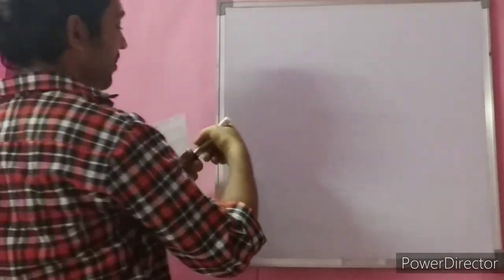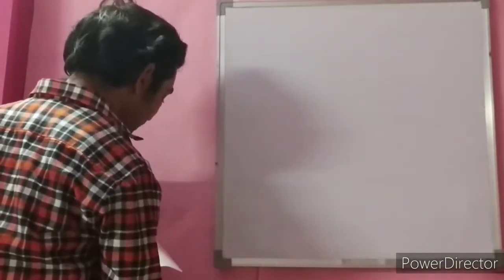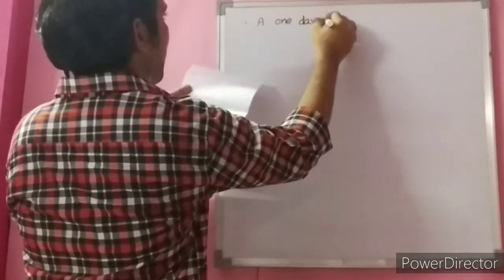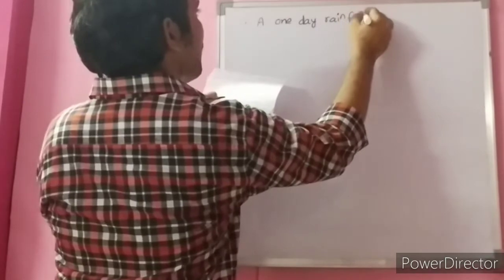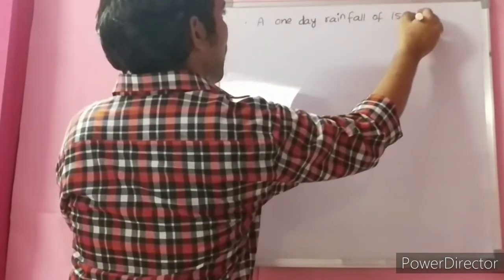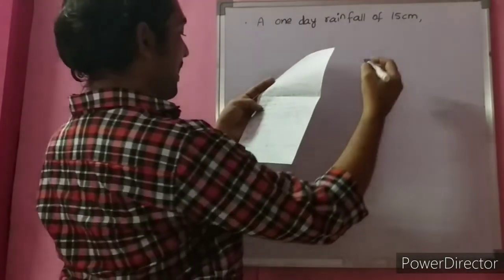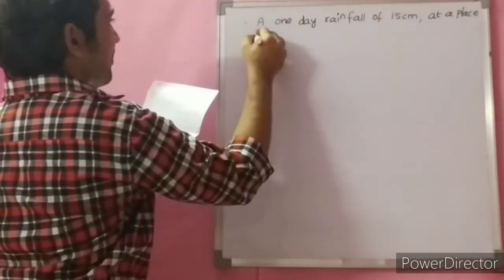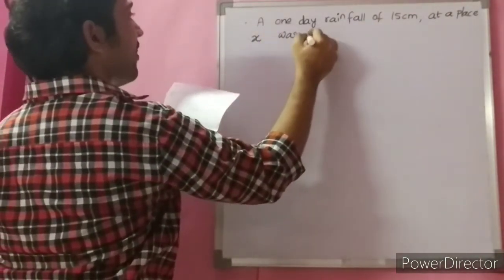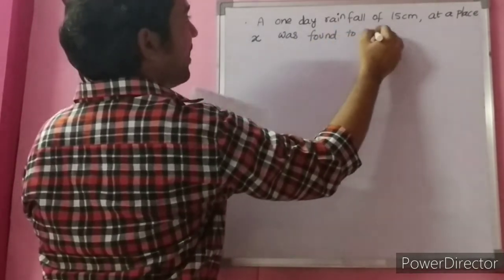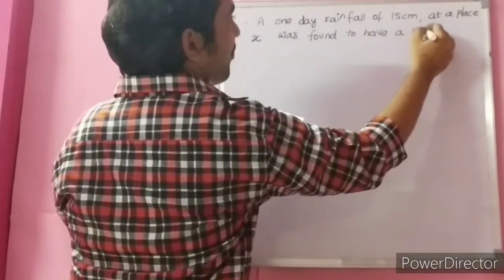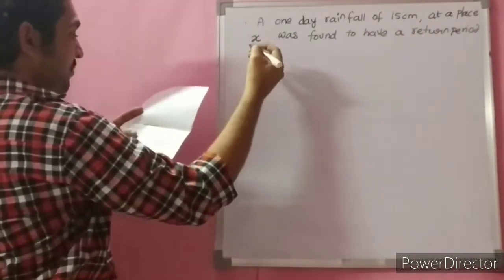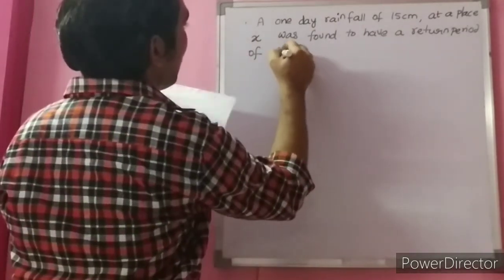These are very important questions. A one-day rainfall of 15 centimeter at a place X was found to have a return period of 100 years.